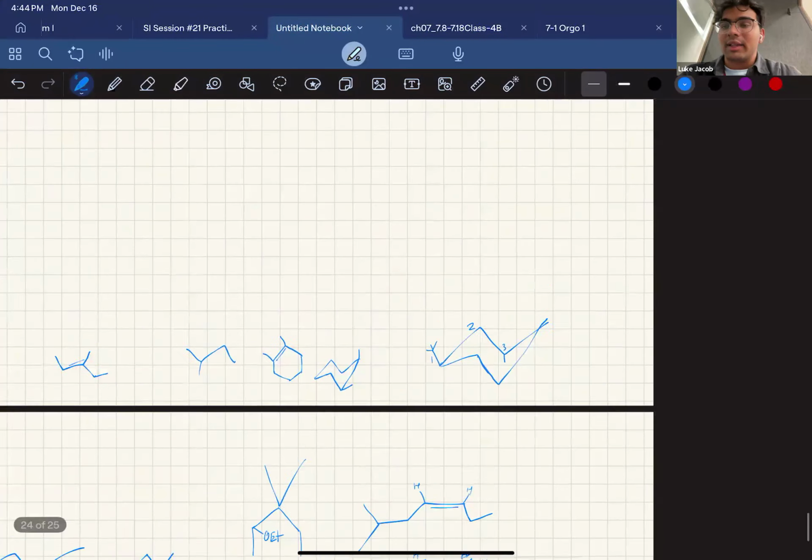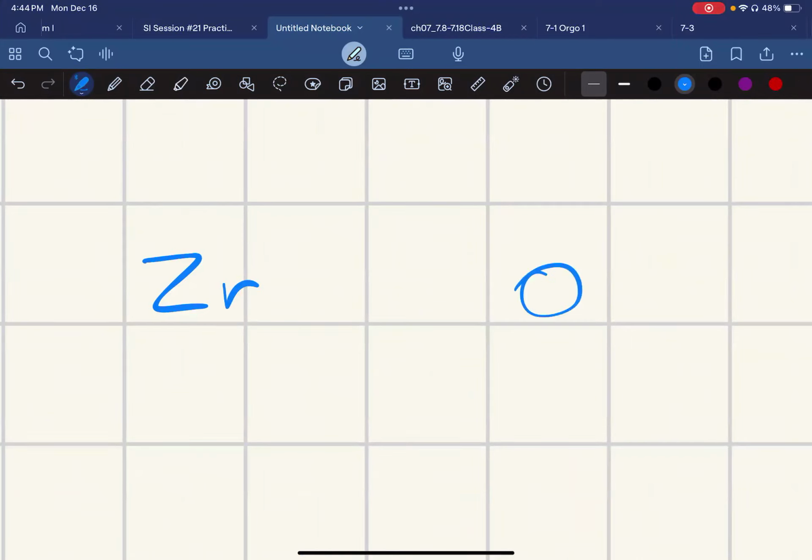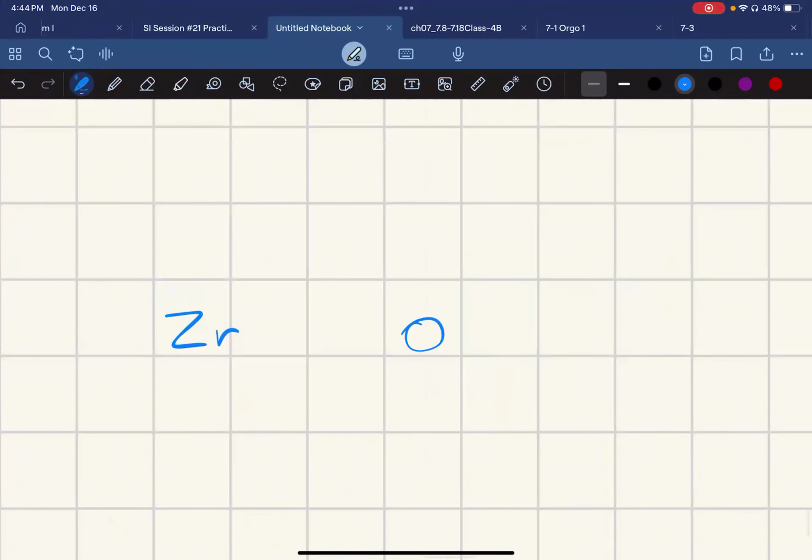Okay, let me pull up my notes and I will do that question really quickly. Can you explain what the question was about? It said zirconium and oxygen, and 74% zirconium by mass. So automatically we know that if there's 74% zirconium, there has to be 26% oxygen.